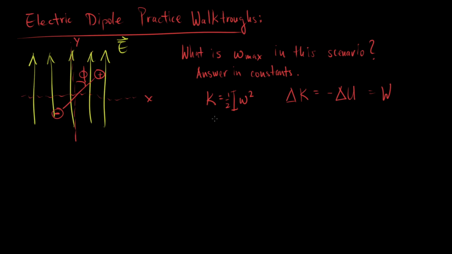Now that we understand that, we can think, what is the initial? So the final value would be 1/2 I angular velocity max squared. That's the final position minus the initial, so 1/2 I angular initial squared.